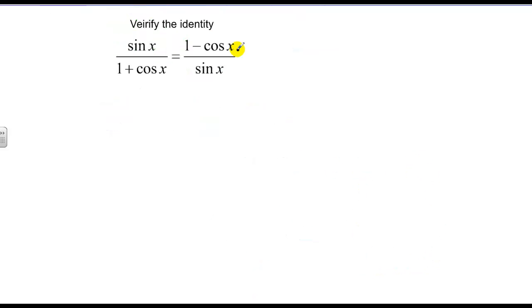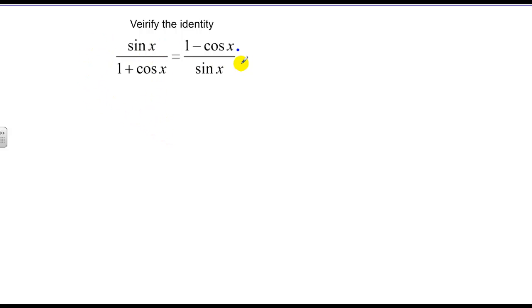So you'll notice in this problem that each of the terms are unable to be simplified. Sine doesn't simplify anything, cosine doesn't simplify into anything, likewise over here. So in that case, you're going to need a trick, and this tends to happen.